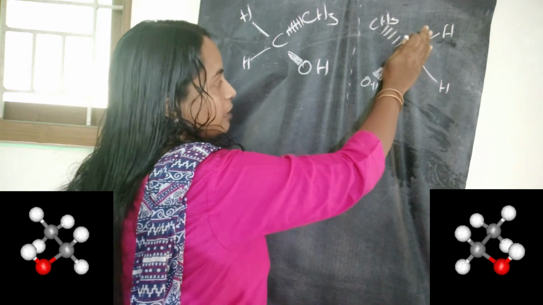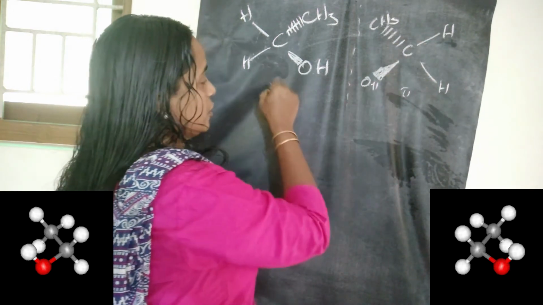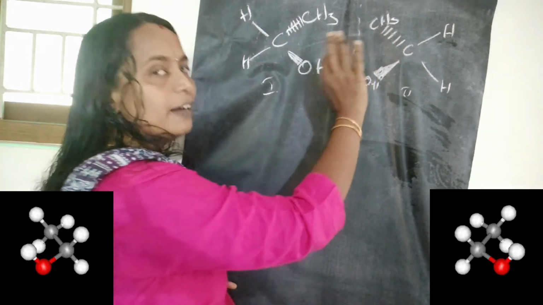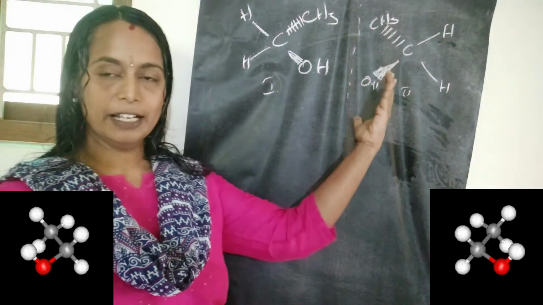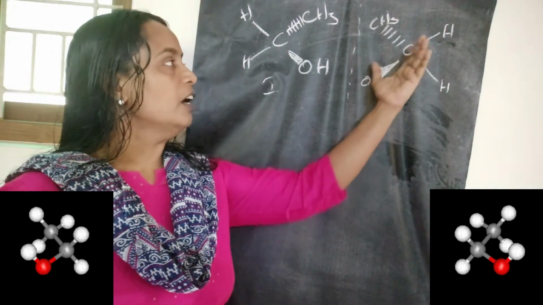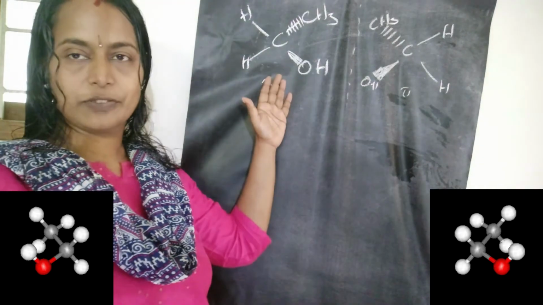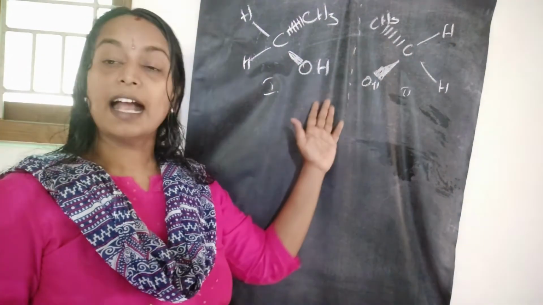When we put the second structure over the first one, it is not superimposable at first, but by mere rotation of this structure, we can place the second figure on the first figure, and therefore this is achiral.